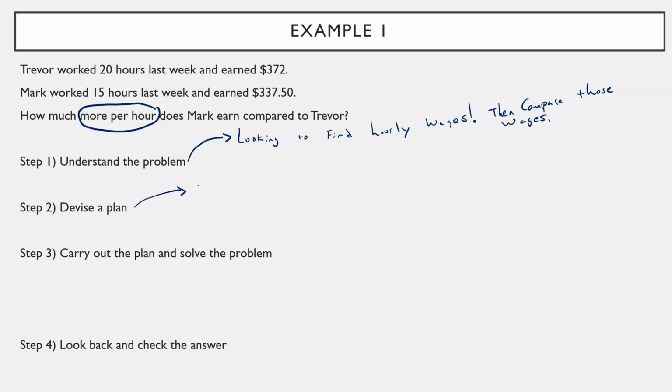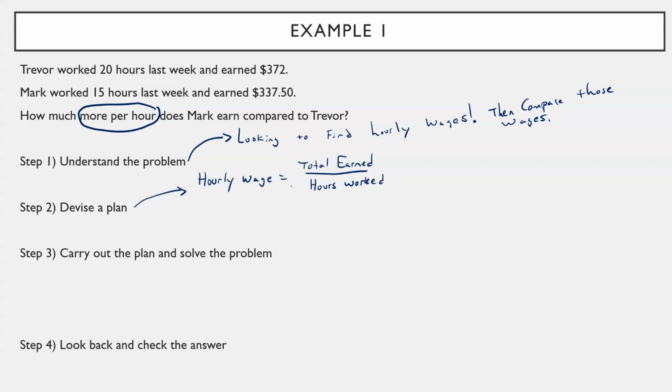We've all hopefully had jobs, or even growing up maybe had a little bit of part-time work. We can figure out our hourly wage by taking the total earned and dividing it by the hours worked. All right, we got it.